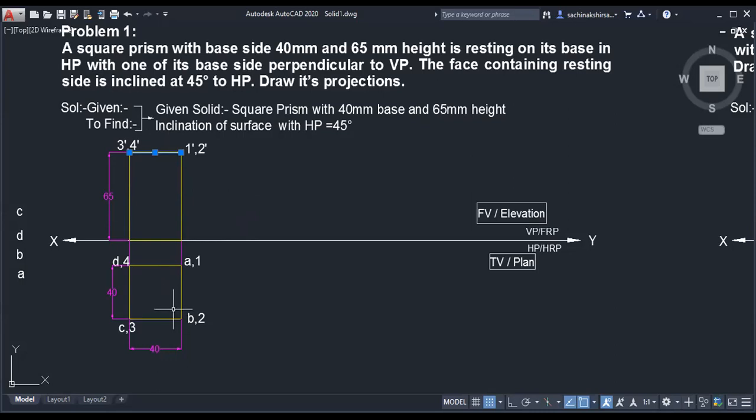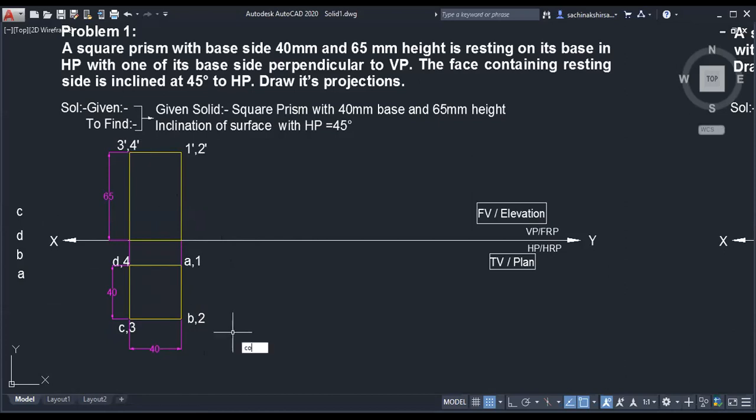Very good. In top view we are getting the true shape, so here we are getting its line view. Why do we get a line view in front view? When we get the line view of a particular plane, that plane is perpendicular. Similarly, we can give names to the base.